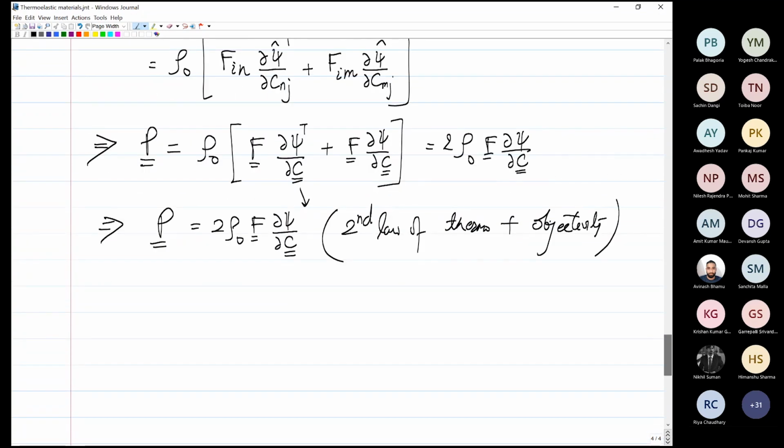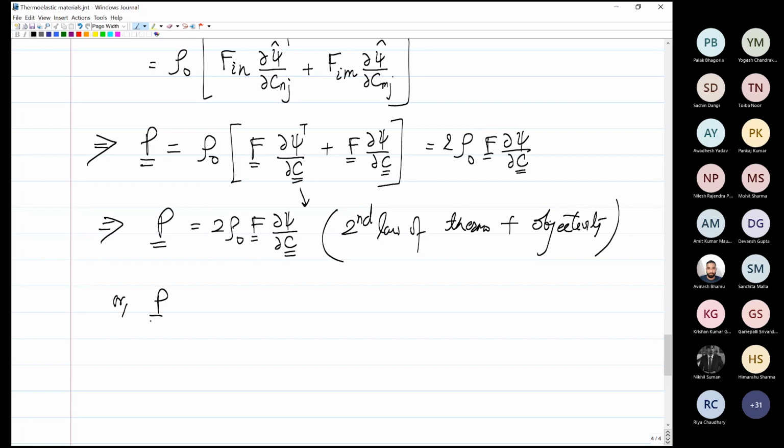Now let us see about the angular momentum balance. How does it look like? Do we get some extra restriction if you incorporate angular momentum balance? So we want to look at PF transpose, right? So PF transpose should be symmetric. That is the angular momentum balance.